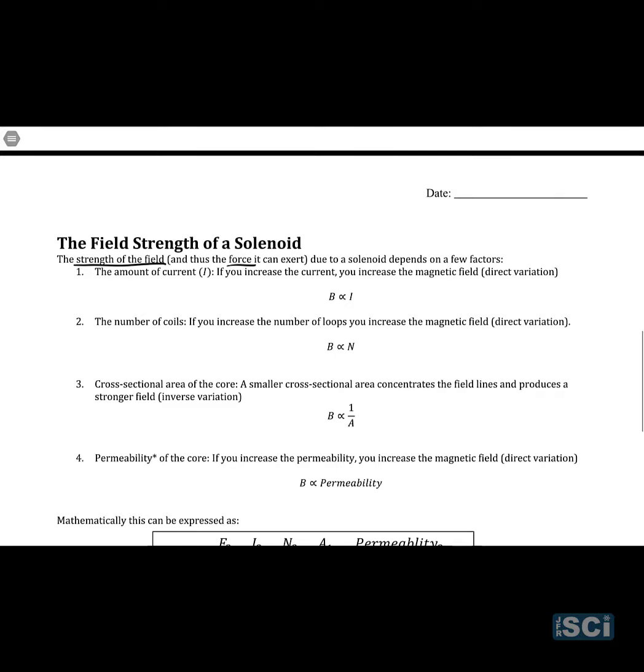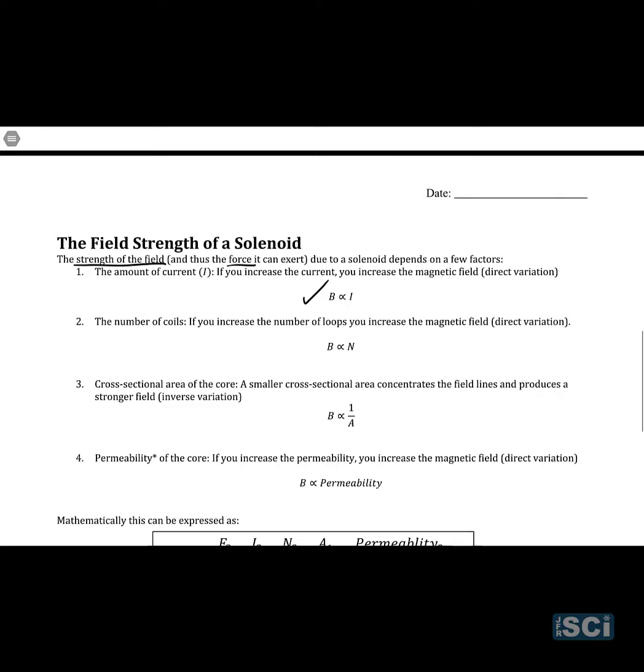Okay, so the first thing I might be able to do is increase the current going through the wire. As we saw in our straight wire investigation, as we increased the current, the magnetic field strength actually increased as well. And it was linear, so that means they are direct variations.